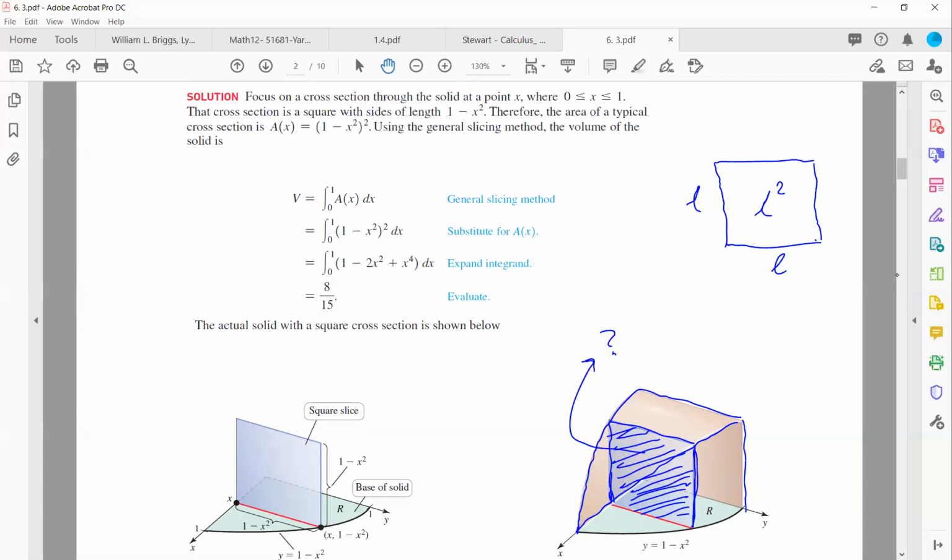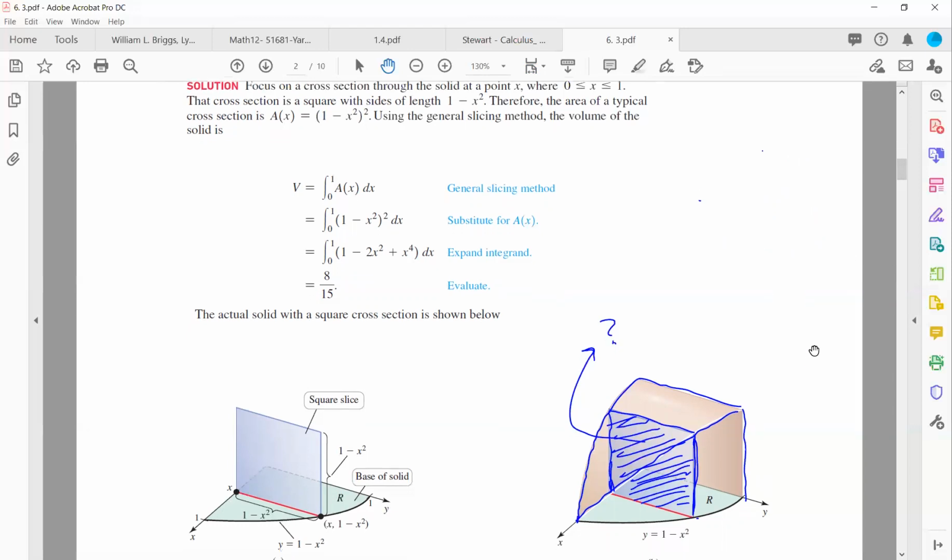So take a look at this length here. This is the length that has one intersection with the graph y equals 1 minus x squared.